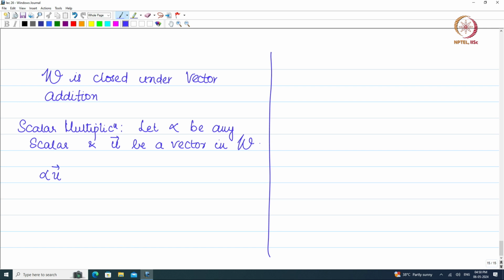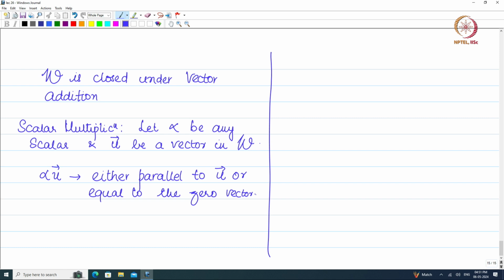Alpha u is basically the scalar multiple of the vector, it is either parallel to u or it is the 0 vector. Why?